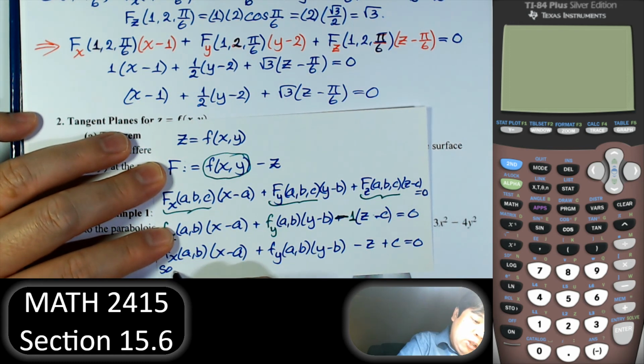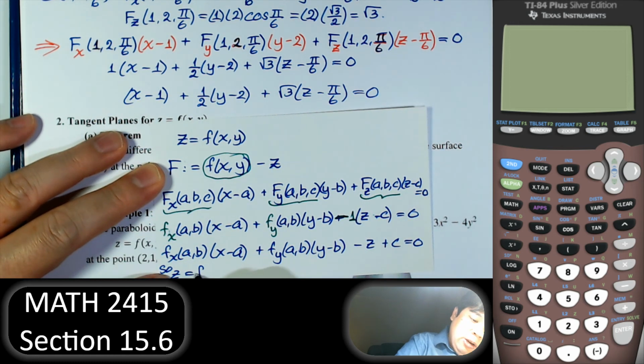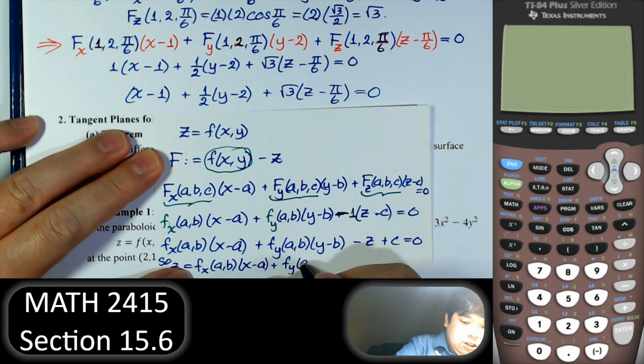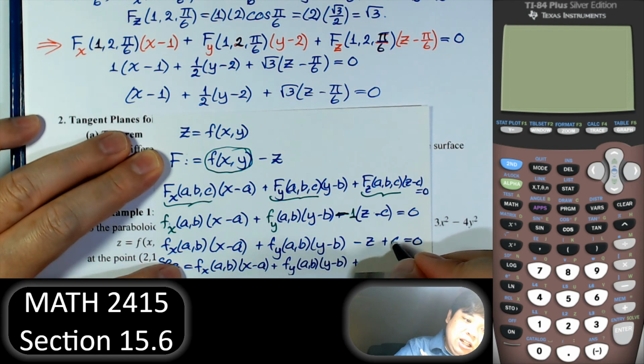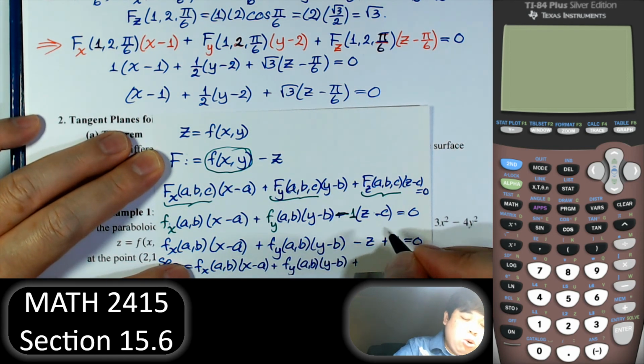So z equal to f sub x at (a, b), so the derivative with respect to x, x minus a, plus the derivative with respect to y, y minus b, and move z to the other side, and then plus c. c actually is the value of z at the point.